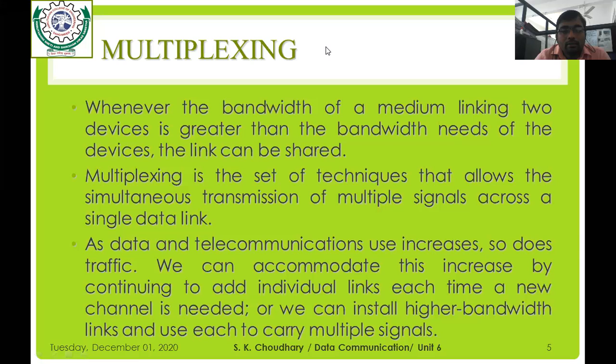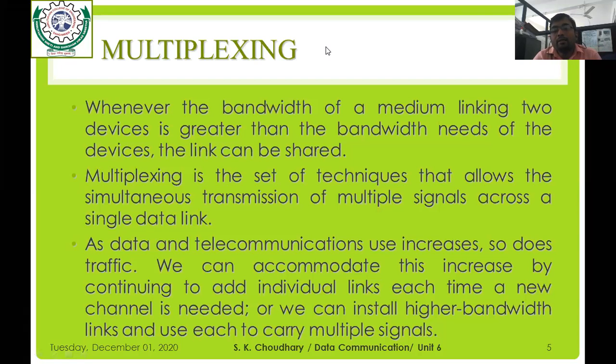As data and telecommunications use increases day by day, the traffic also increases in the field of telecommunication. We can accommodate this increase by continuing to add individual links each time a new channel is needed, or we can install higher bandwidth links and use each of them to carry multiple signals.